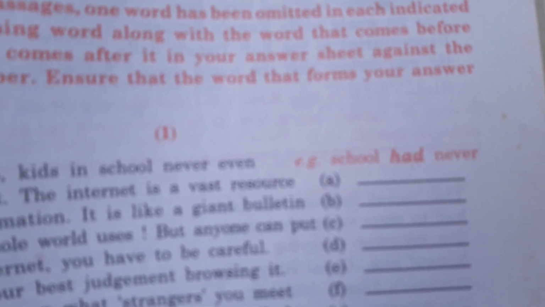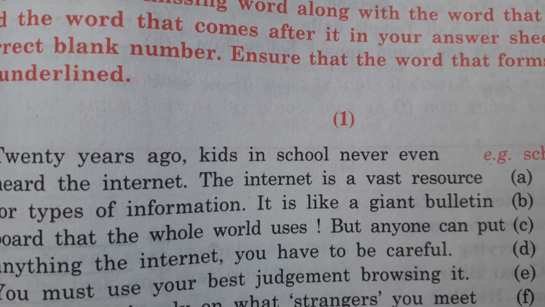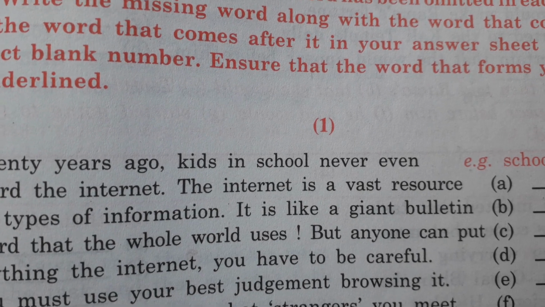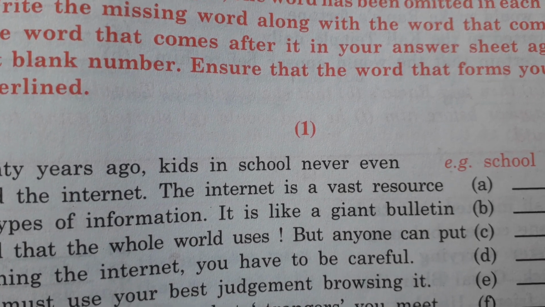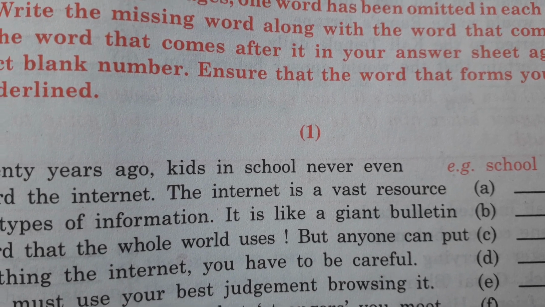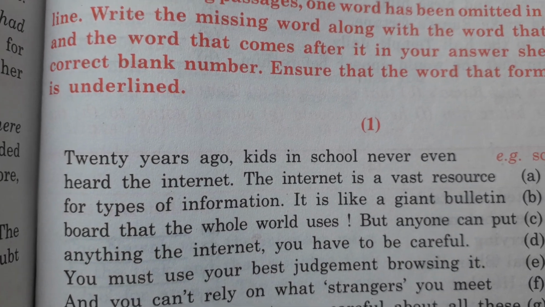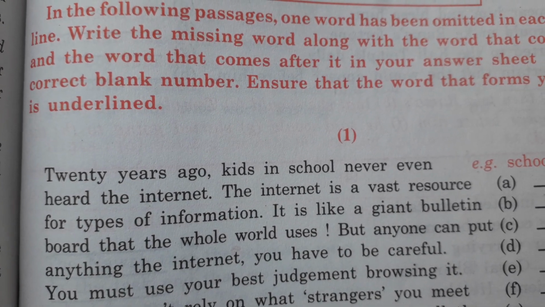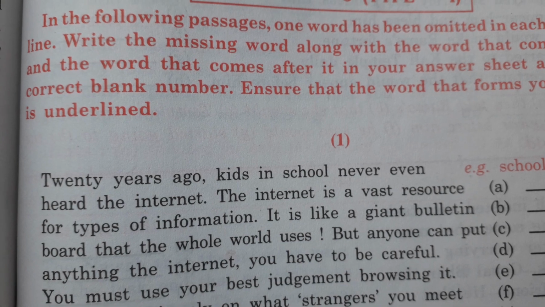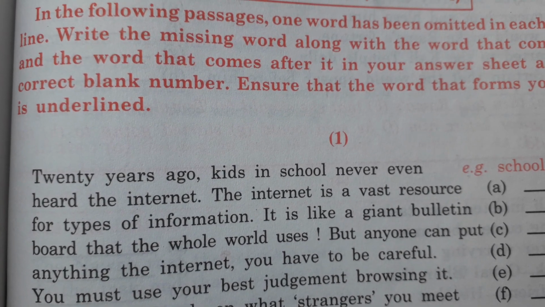The first has been done for you. 20 years ago, kids in school had never even. It means the past tense has been started. So, had is the omitted word that you put here. We'll start once again. 20 years ago, kids in school had never even heard the internet.